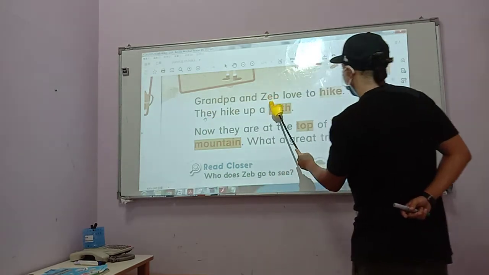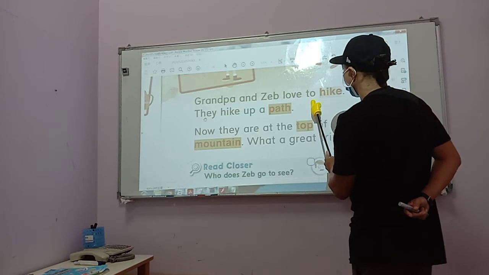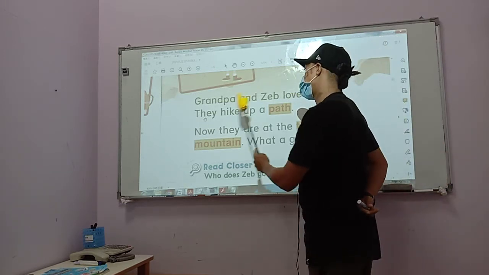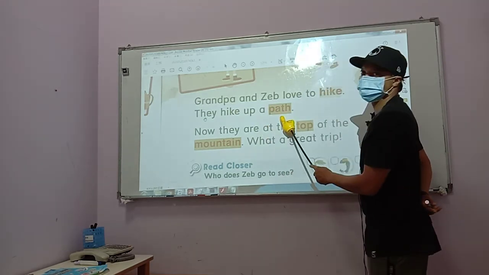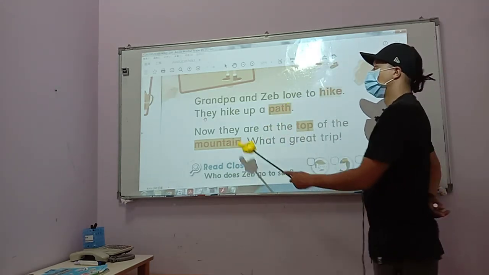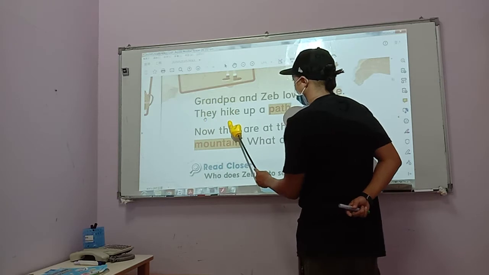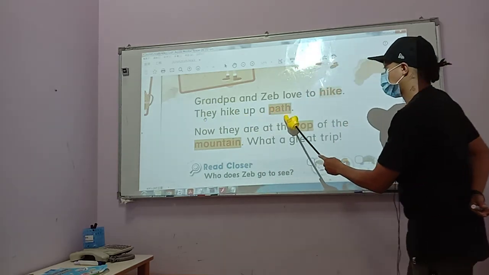Grandpa and Zeb love to hike. They hike up a path.